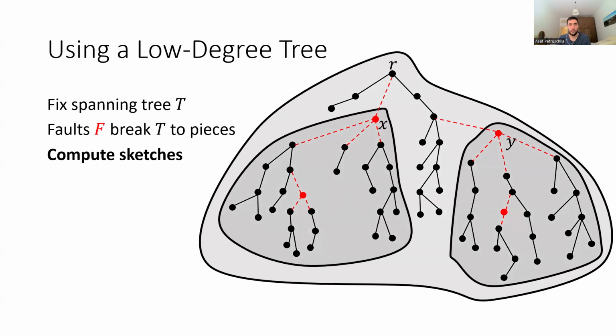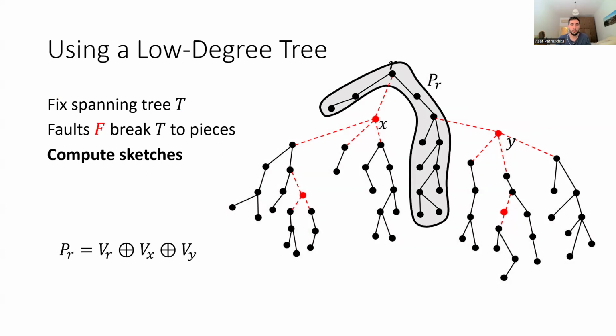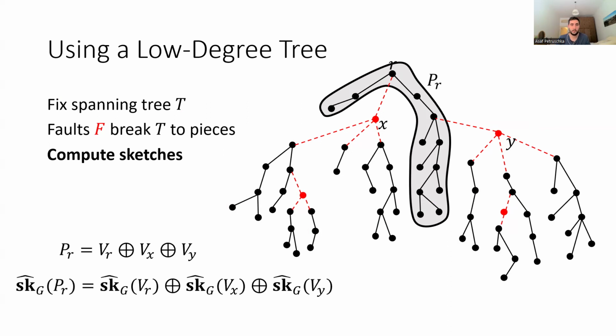And now let's locate these two faults X and Y, which are the faulty vertices that are sort of immediate descendants of R, in the sense that there are no other faults on the path connecting them to R. So note that the piece of T that is rooted in R consists exactly of those vertices which are descendants of R, but not of X or of Y. And therefore, in terms of XORs of vertex sets, we can express this piece PR as the XOR of the descendants of R with the descendants of X and the descendants of Y, which are denoted here by VR, VX, and VY respectively.